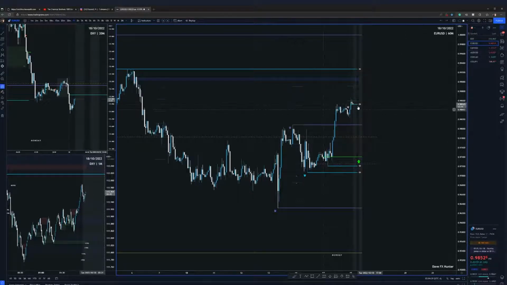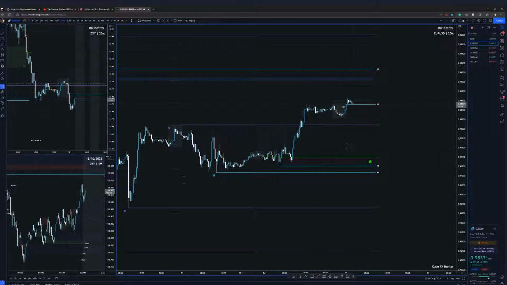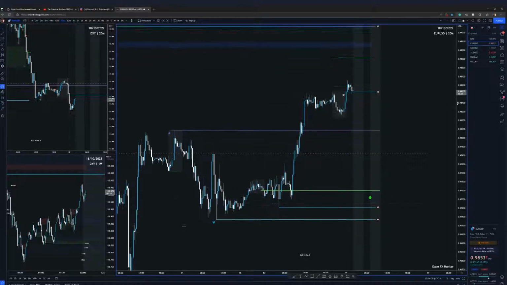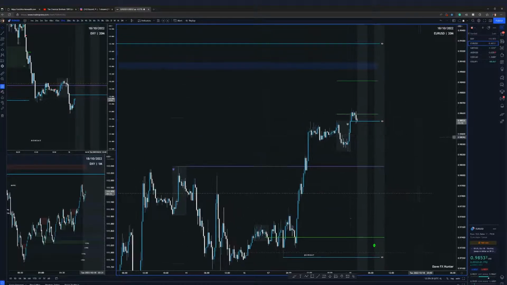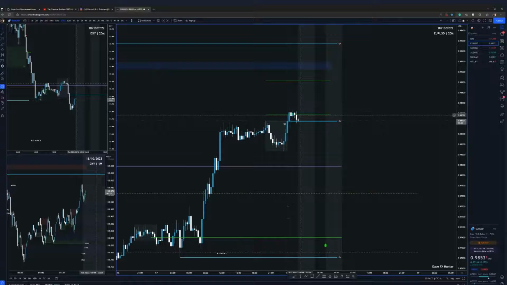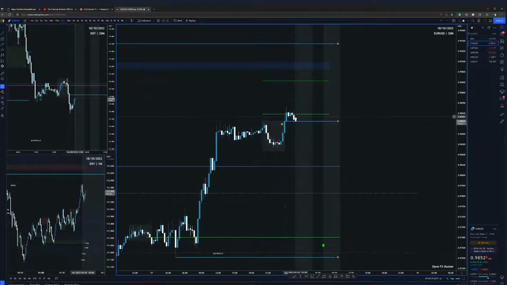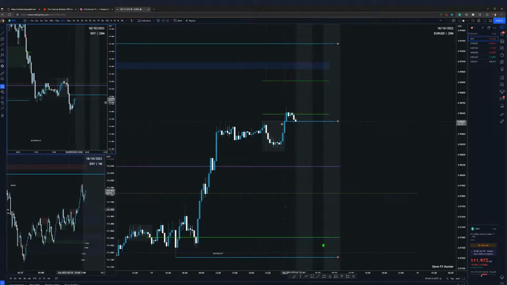What I don't like is that this break up happened before the London session open. So I will not be entering the trade now, but I would still be waiting to see if we make a higher high, or if the dollar index on this left window, as you can see, breaks this structure in here, right?